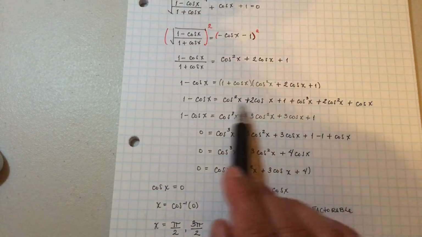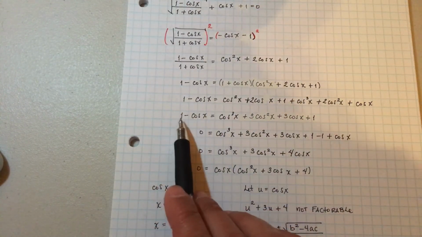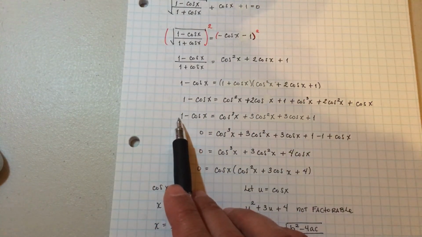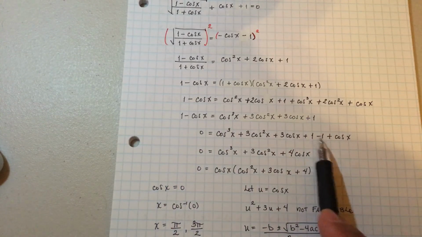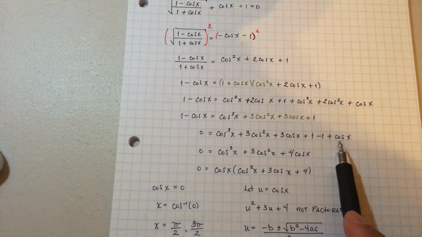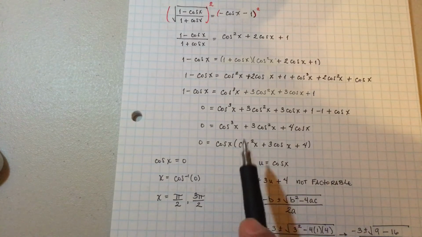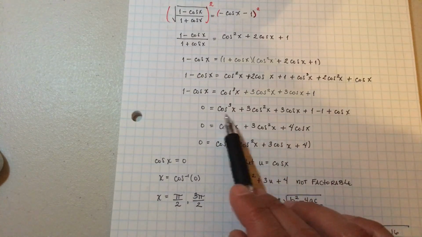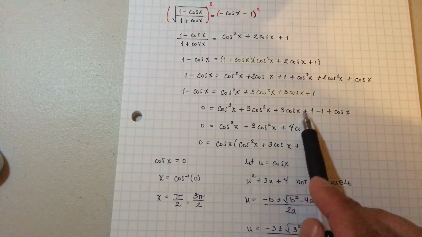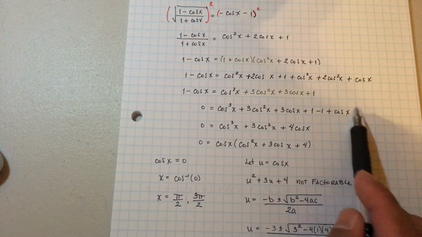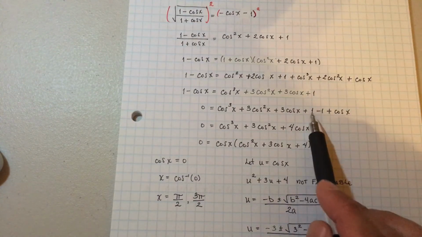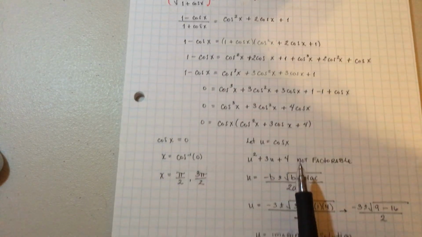Now that we've combined that, we're going to go ahead and bring this guy across. Positive 1 becomes a negative 1. Negative cosine becomes a positive cosine. And then we combine. So this guy stays the same. And then 3 cosine x plus another cosine x gives me 4 cosine x. 1 minus 1 simplifies out.